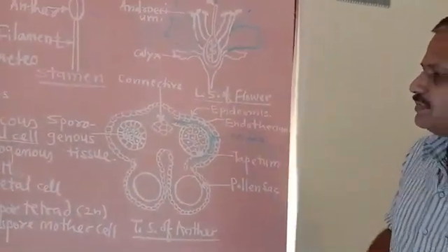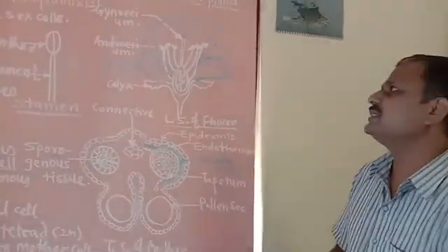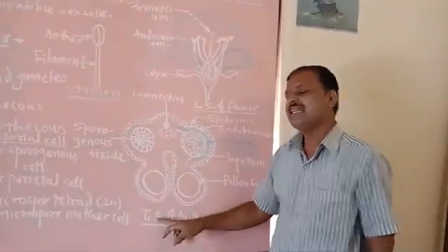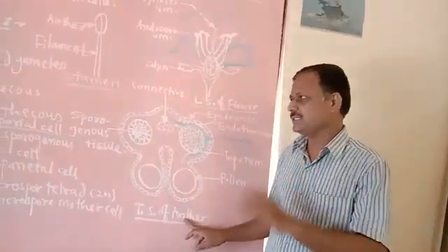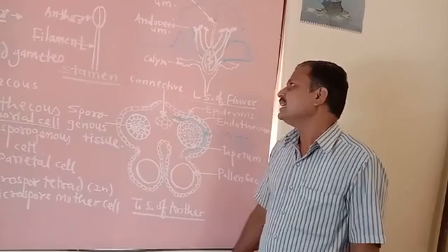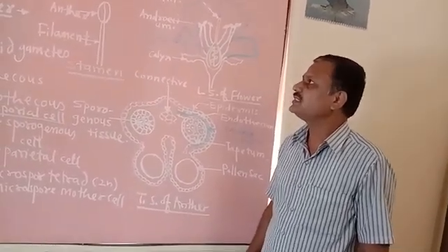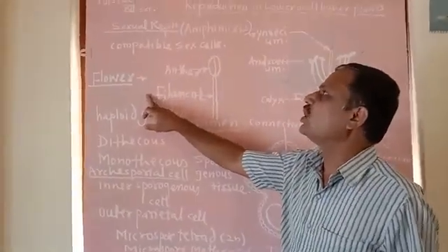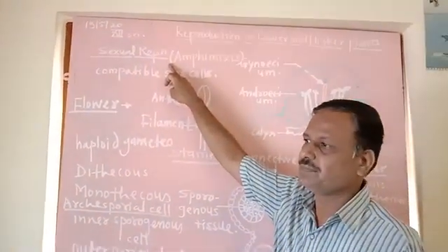In the board exam, there is a question on this topic: sketch and label TS of anther for 2 marks. There is also a question: define flower or define sexual reproduction.